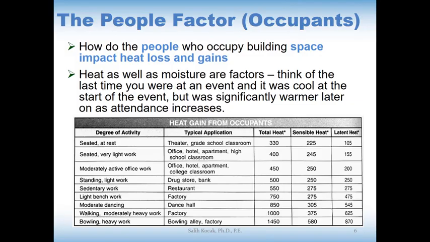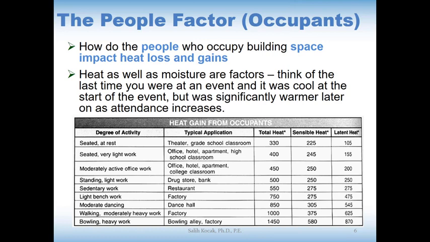Let's look at the very last row of this table. It says bowling, you are doing heavy work. Your body is working, you are sweating, your breathing is increasing, maybe your heart rate is around 100, 110 right now. So you are producing more heat, contributing so much heat gain to the environment.